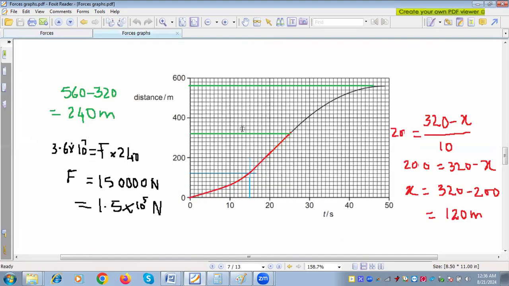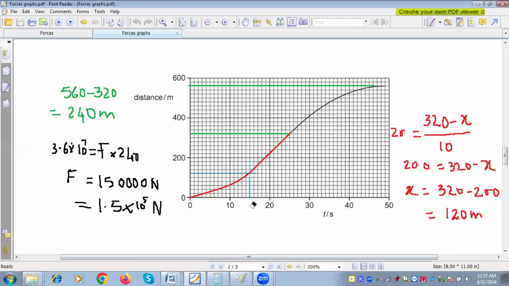Let us see the graph. So here the distance is 560, and the deceleration begins after t equals 25 seconds.